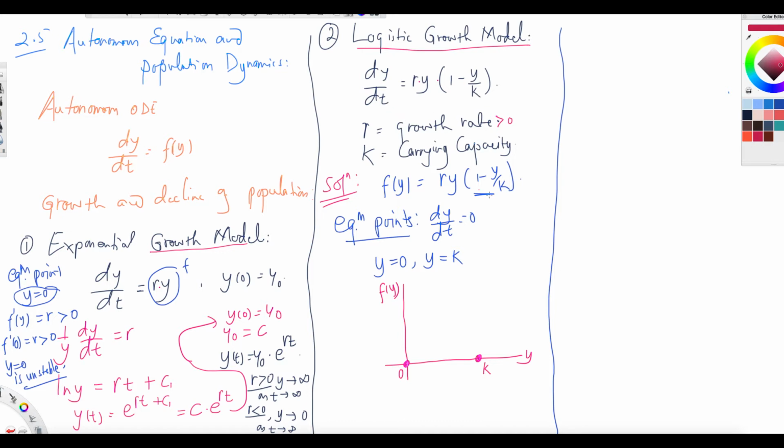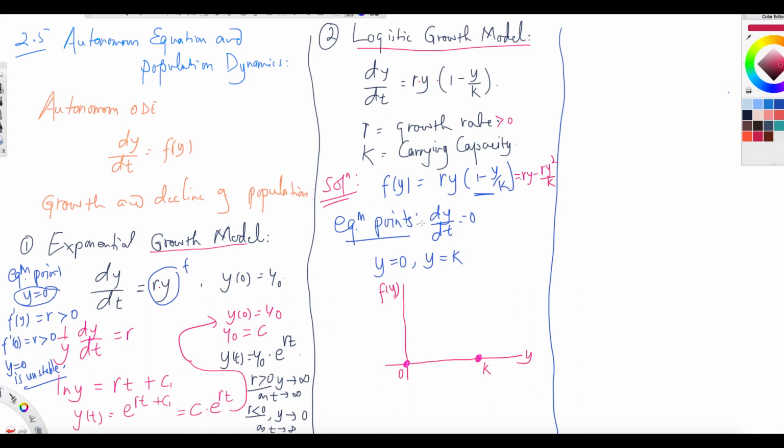Okay, let's look at this. If you expand this, what do you get? You get ry minus ry squared over k, which is a quadratic in y, right? Where the leading coefficient is negative. You see that? A negative leading coefficient means the graph of the function f of y will be a parabola opening downward.